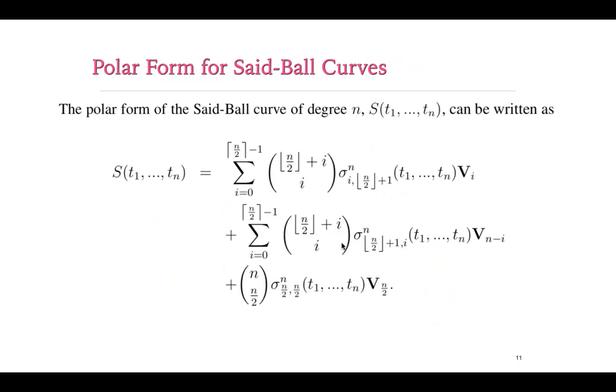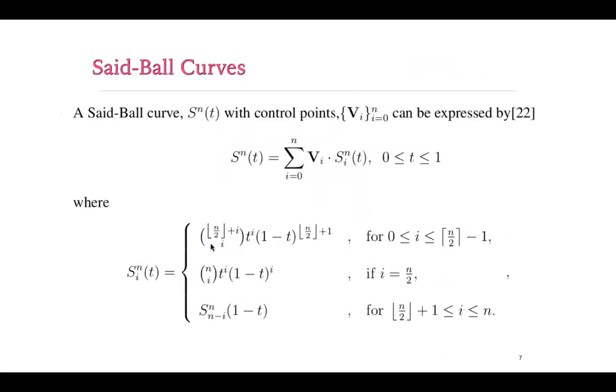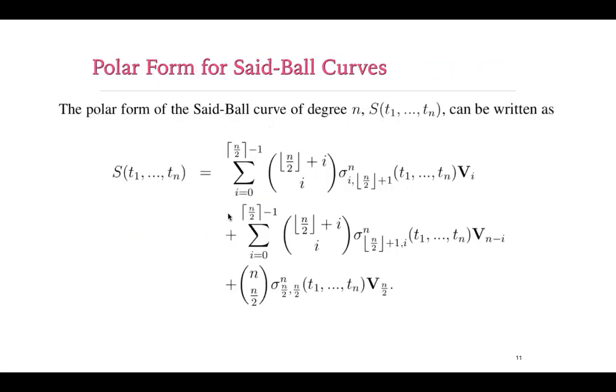If you are familiar with this form, and then I come back to this, you can see that the coefficient is the same, right? Floor of n divided by 2 plus I, and I, right? This is binomial. You can see that the coefficients are the same, because this is the polar form for a Sideball curve.